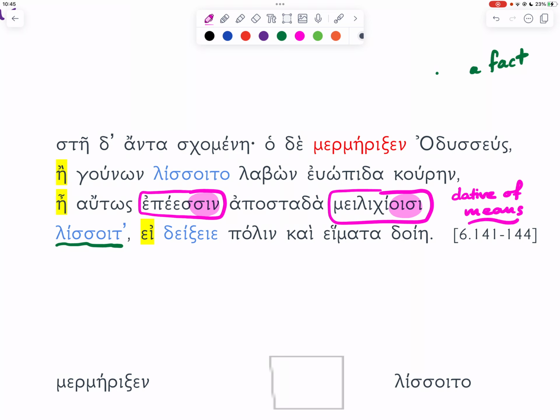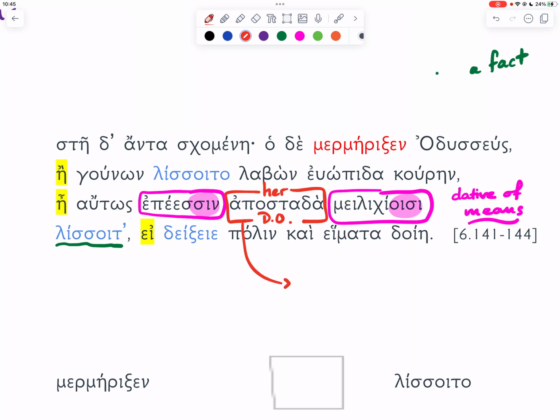Whether he should entreat her with honey sweet words, and then understood with this word her is a participle that describes her.